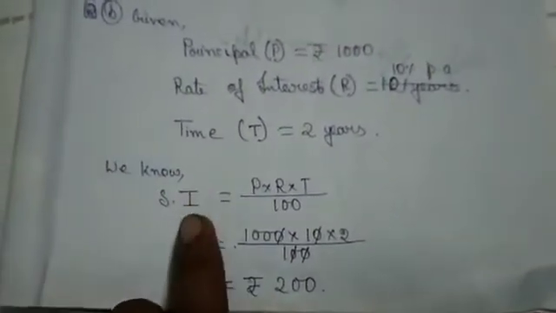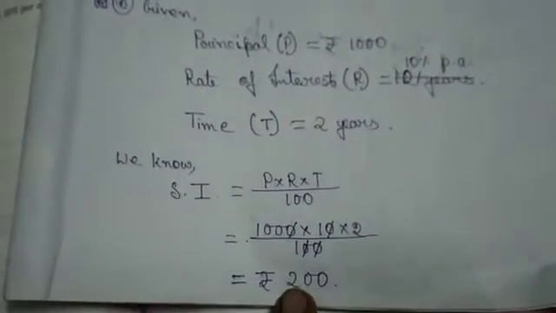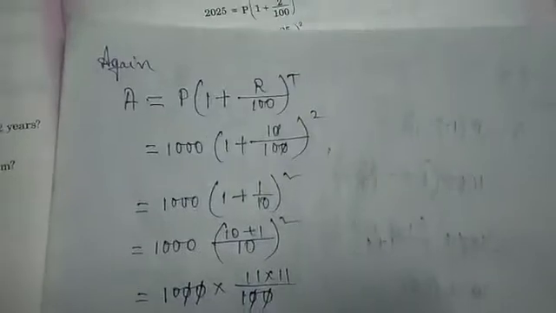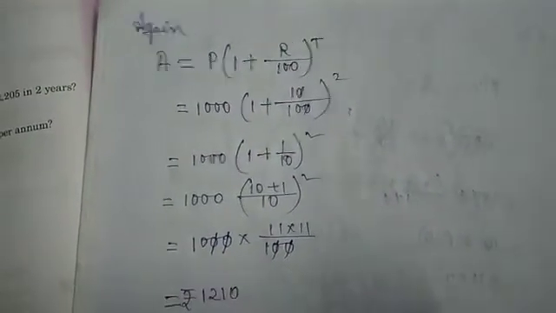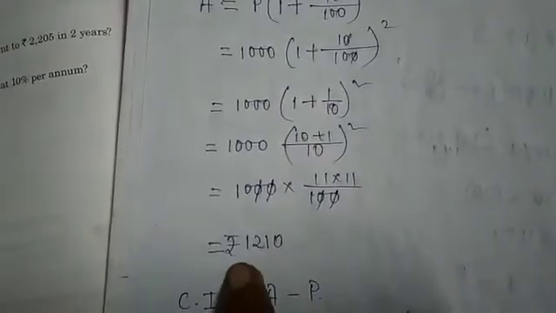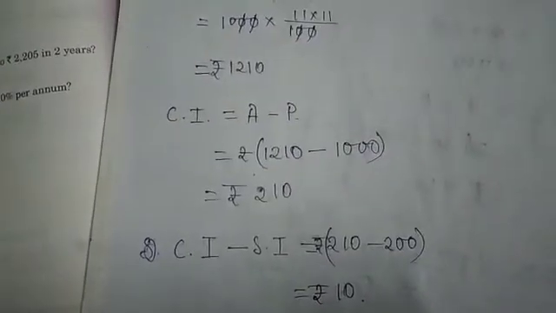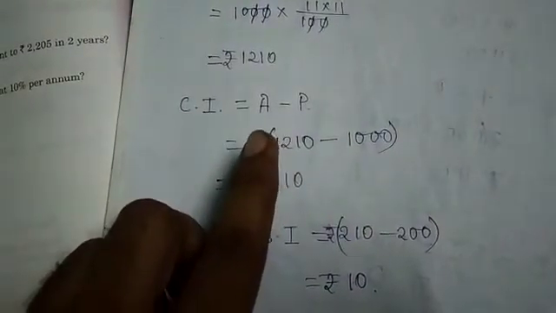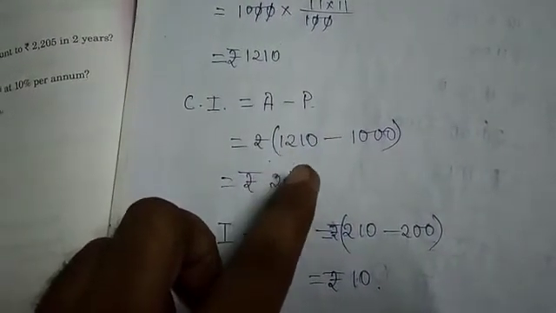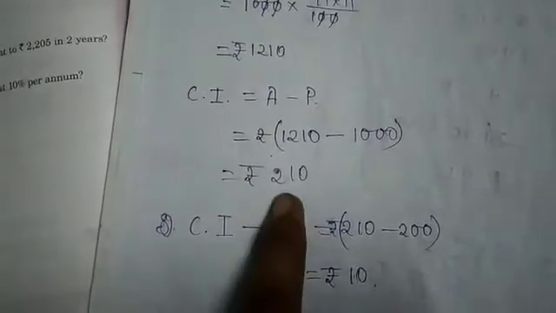The next one, using the formula we have calculated the simple interest, which is rupees 200, and now we will be using the same values to find out the compound interest. Here the amount is 1210 and compound interest is A minus P, where A is 1210 minus 1000.